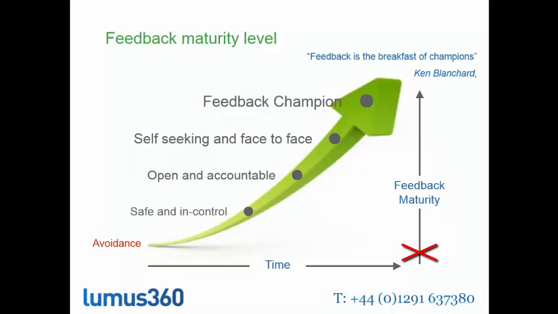And likewise, people aren't skilled in receiving feedback. They don't really know how to listen, interpret, conclude, and then use that feedback effectively to enhance their ongoing development. Consequently, in an organisational culture with low feedback maturity, people just avoid it.